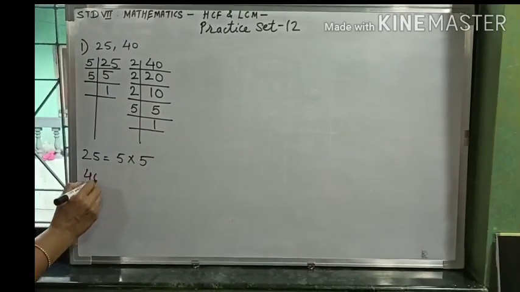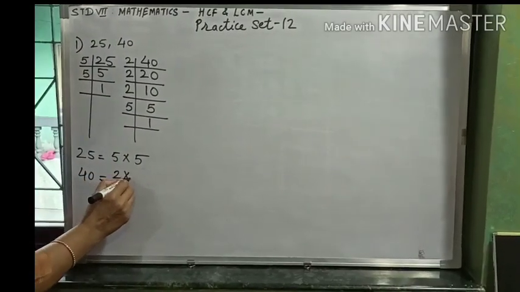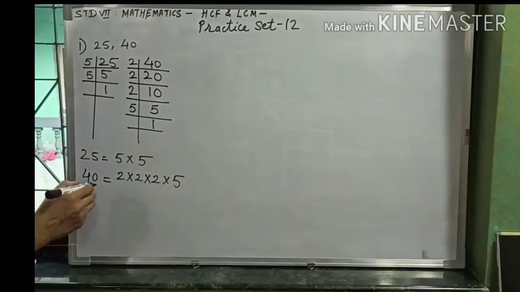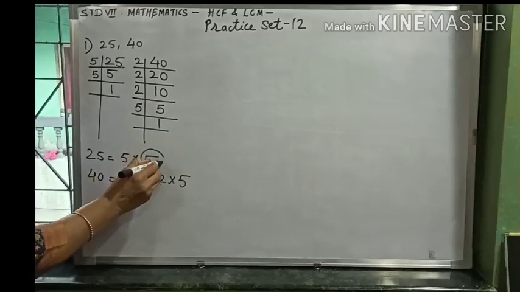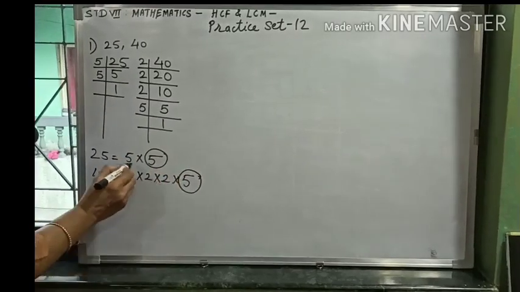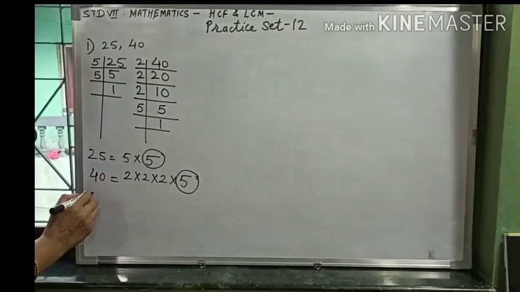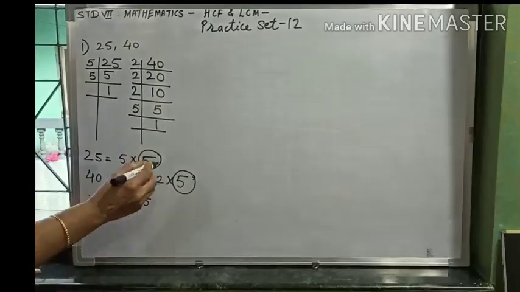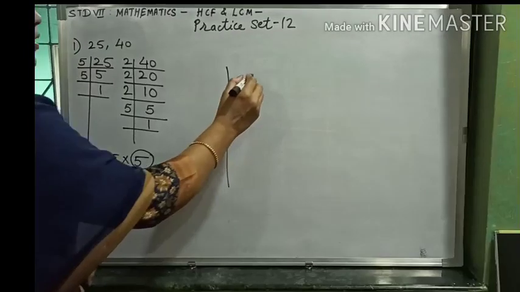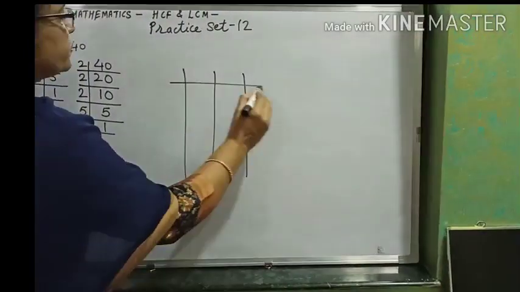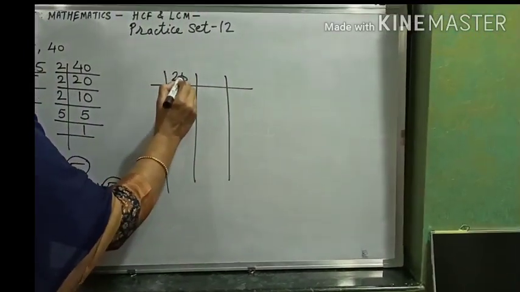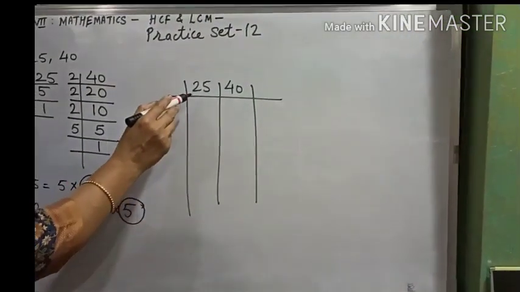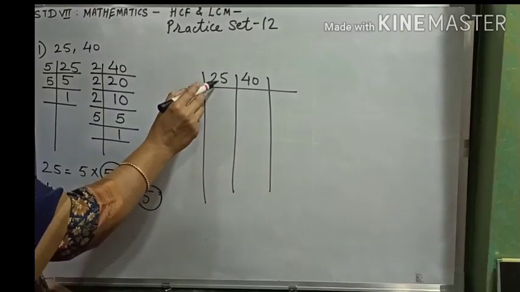Factors of 40. Now we will find the common factor. So here common factor is 5. No other number is common. Therefore HCF is 5. You can solve this by taking both the numbers together, 25 and 40. Now you have to find such a number by which you can divide both 25 and 40.